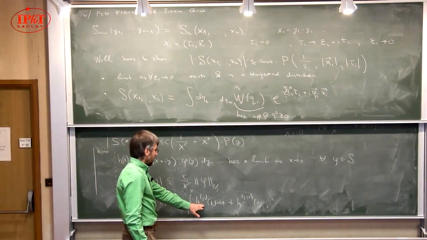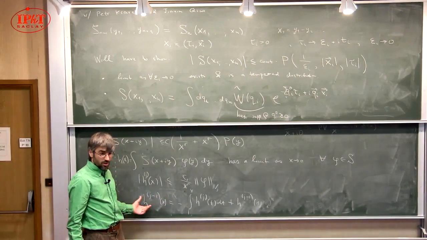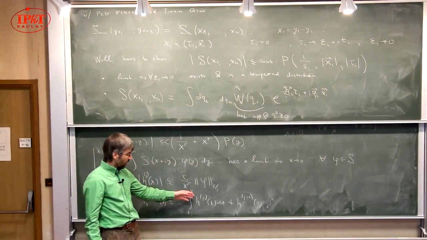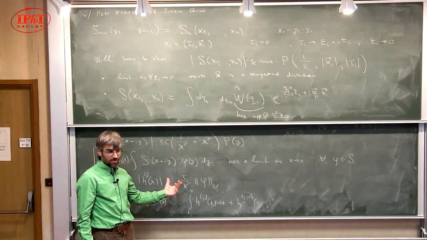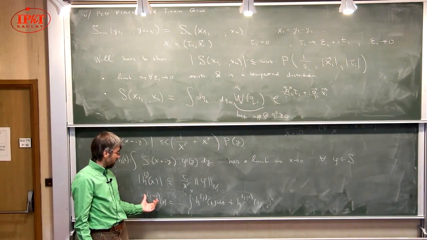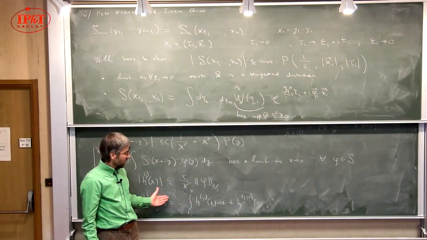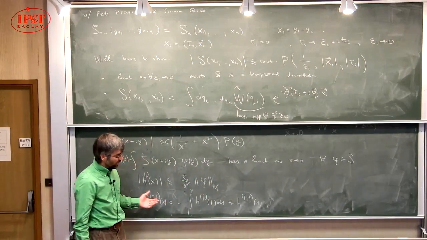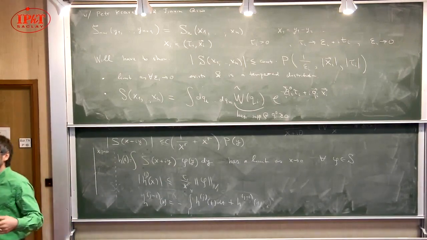So hj satisfies the bound 1 over x to the r. So every time I integrate, of course, I'm going to get a bound with the order of singularity reduced. So even though I started with the assumption that h j minus 1 satisfied the bound 1 over x to the r, as a consequence of this equality, I know that actually it satisfies the bound with 1 over x to the r minus 1.